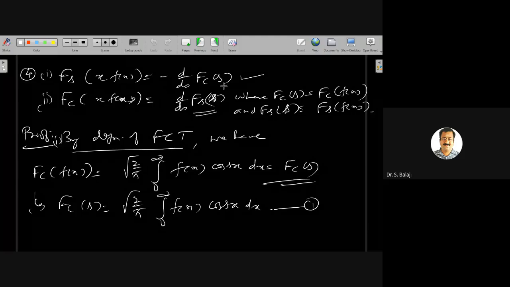And number 2, similarly, fc of x f of x is equal to d by ds of fs of s. Where you know already fc of s is the Fourier cosine transform of f of x, and fs of s is the Fourier sine transform of f of x.